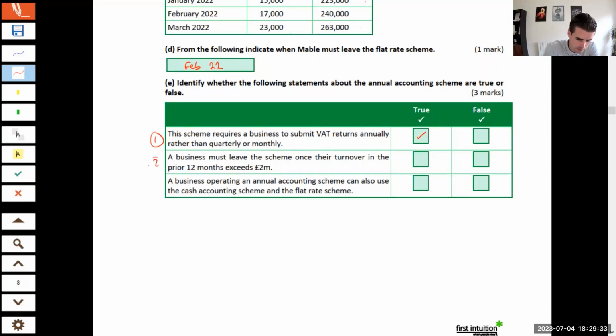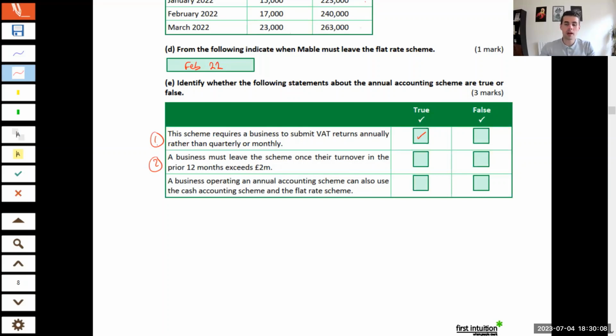Number two, a business must leave the scheme once their turnover in the prior 12 months exceeds 2 million. This is a stereotypical trapdoor AAT style question, because you know that, again, only certain companies, primarily smaller ones, will use this scheme, and they will have to leave at a certain point. You know they'll have to leave when they hit the threshold.